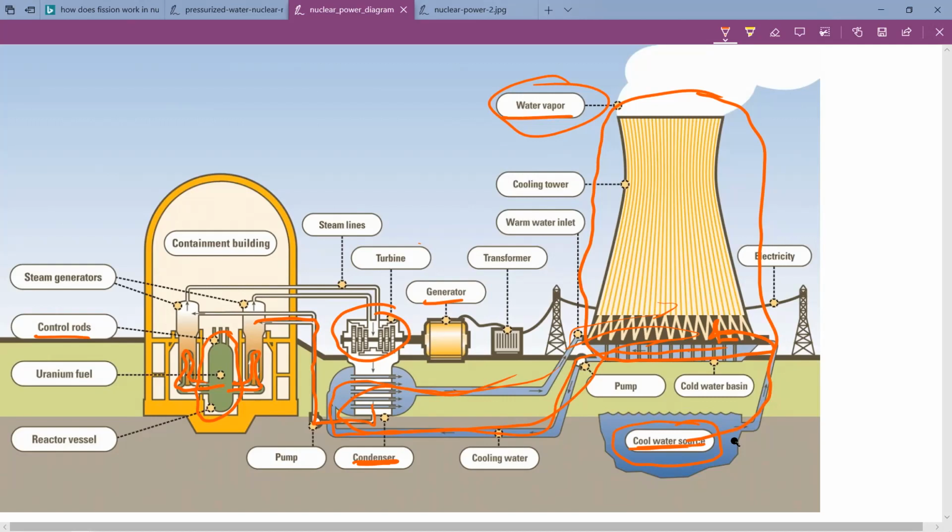So we've got: heats water, 1, which heats water, 2, which turns the turbine, 3. So we've got 3 conversions in there, and every conversion, second law of thermodynamics, loses energy. So it's probably not the most efficient way to convert energy in the world, but it's a way that works.